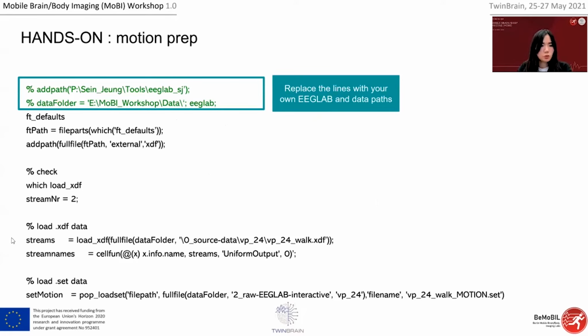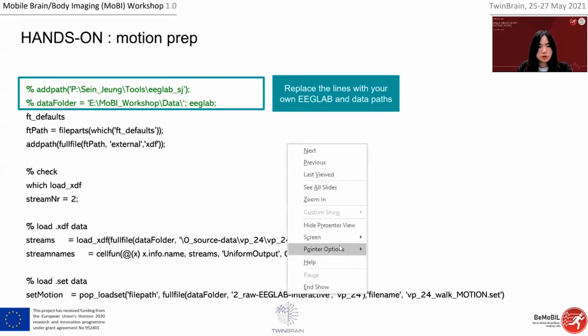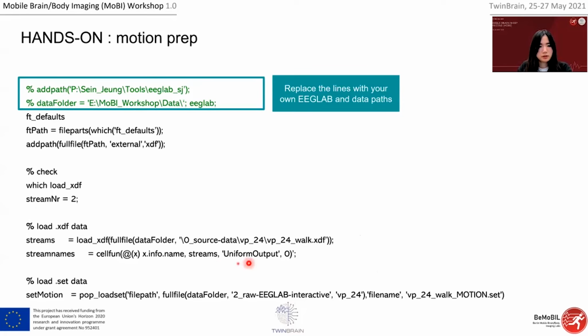Once you have run these lines up to here, where you define the stream number, you can now load the XDF data by executing this line. And the next line here, let me just also change the pointer. Okay, this line should display the names of the streams contained in the XDF file, just like we did. Oh, sorry, it's not going to show the output, but it is defining the stream names.